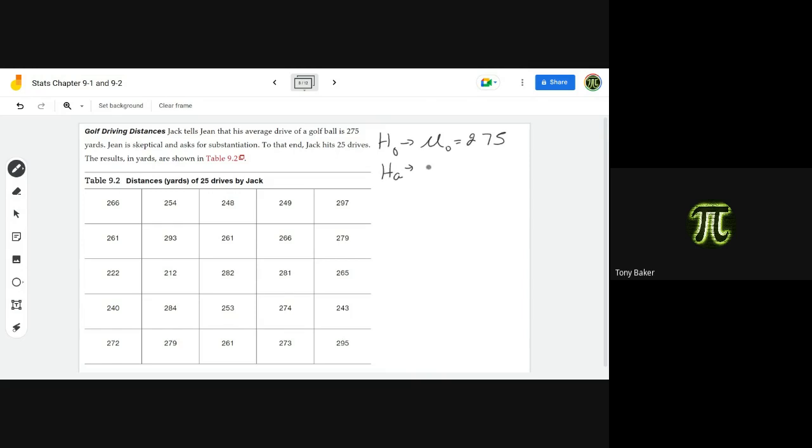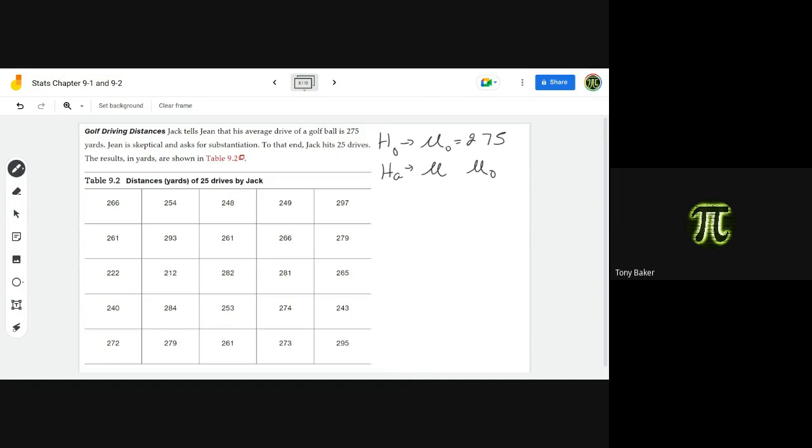What does Jean believe to be true? So I could see where you could say not. That's true. However, is Jean going to be happy if it was 280? No. All right. Jean thinks it's lower than that.